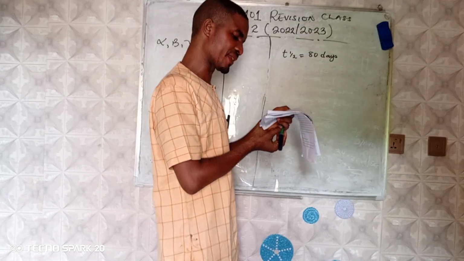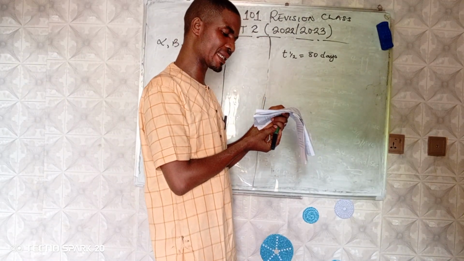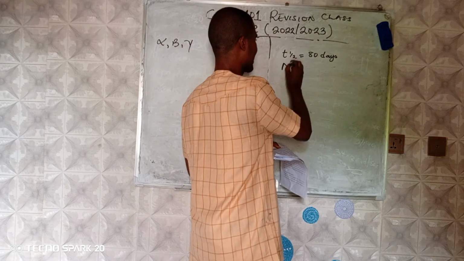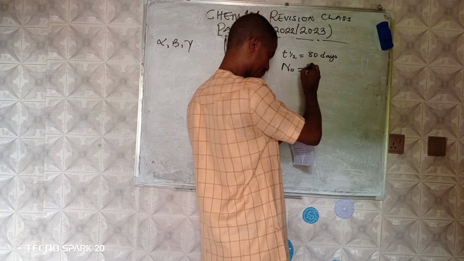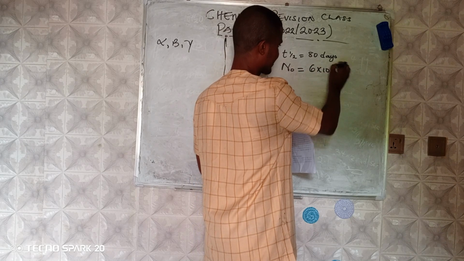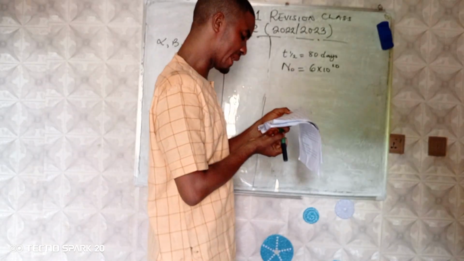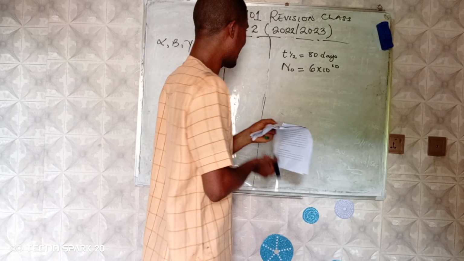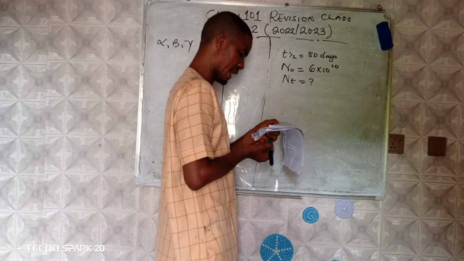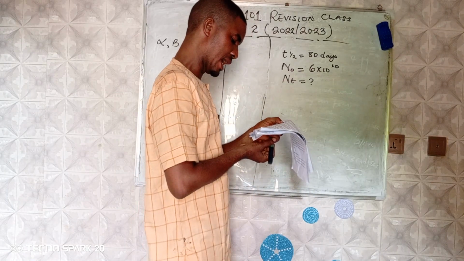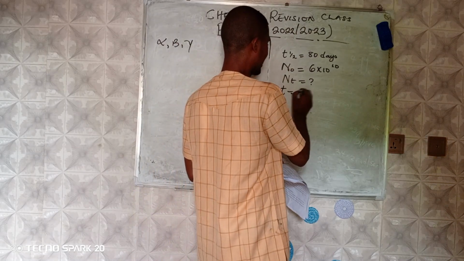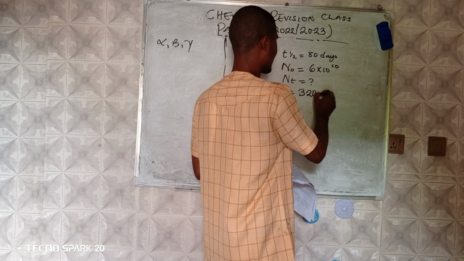They say that the initial number of atoms in a sample, N0, is 6 times 10 raised to power 10. How many atoms, NT, will remain at the end of 320 days? We have t equals 320 days.